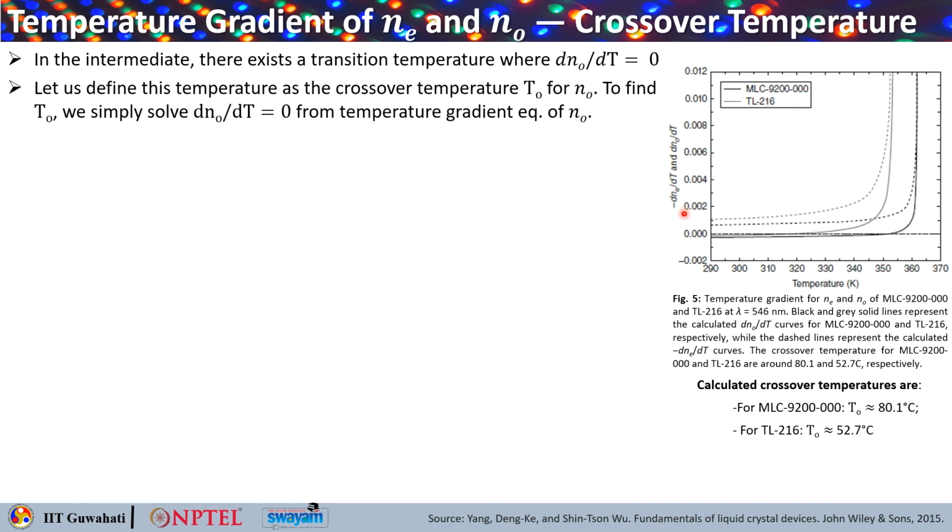So this is your dNO by dT and dNe by dT, those two terms being plotted here.